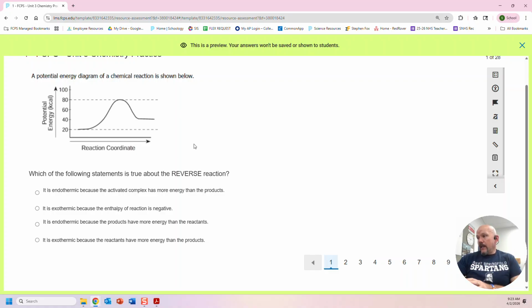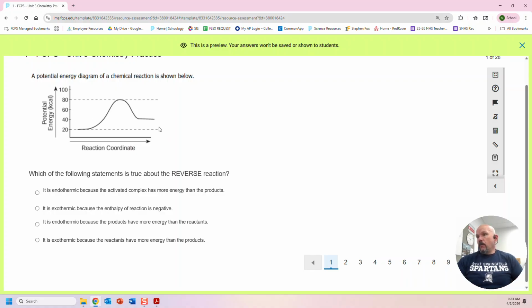But you can also read it right to left, and that would be the reverse reaction. For the reverse reaction, this would be the starting point. So the products of the forward reaction are the reactants of the reverse reaction, and the reactants of the forward reaction would be the products of the reverse reaction.